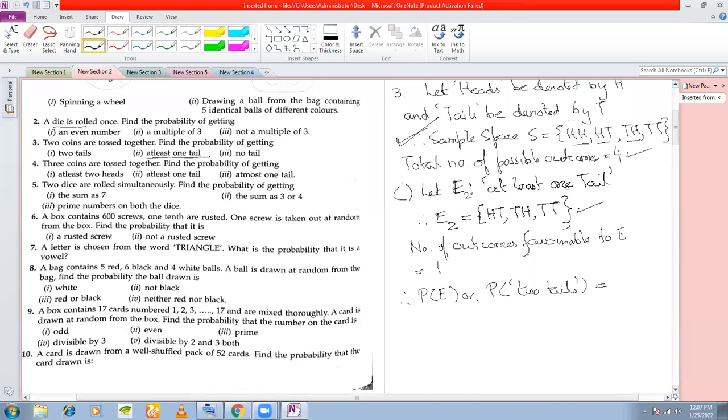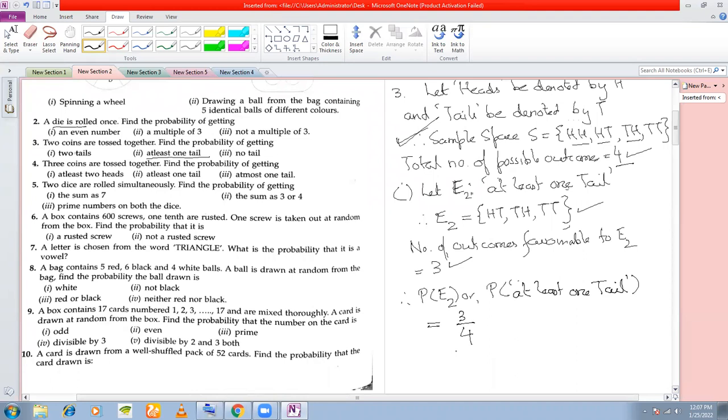So how many outcomes favorable to the event E2? How many outcomes in E2? 3. So therefore, the probability of E2, or probability of at least one tail, is equal to 3, number of outcomes favorable to E2, divided by total number of possible outcomes, 4.